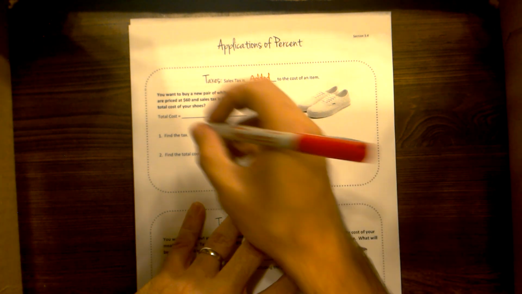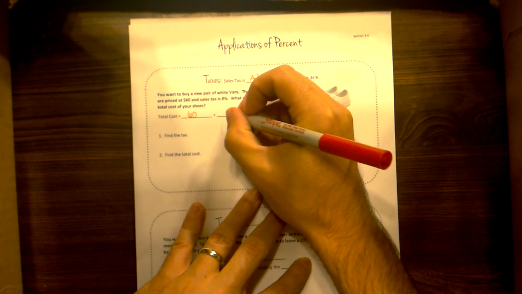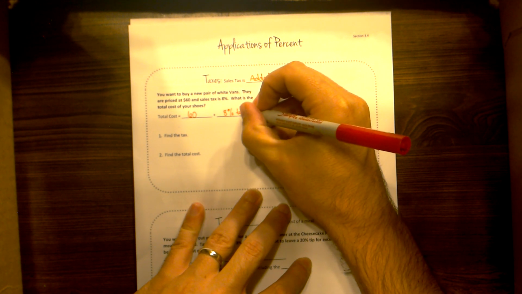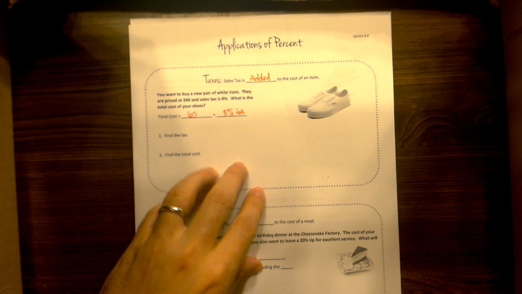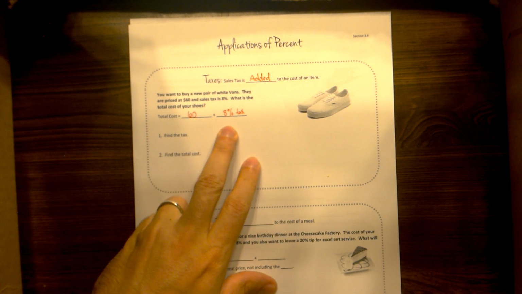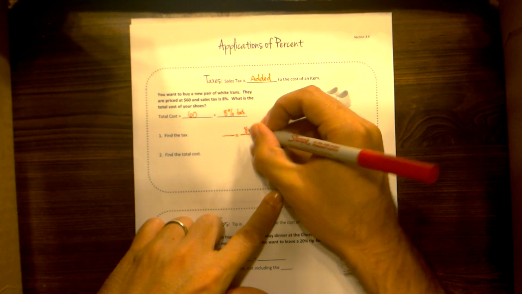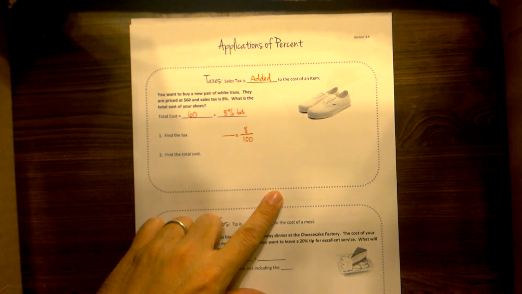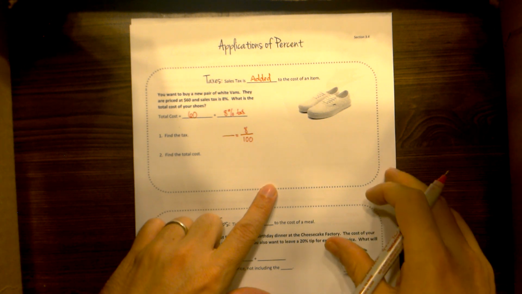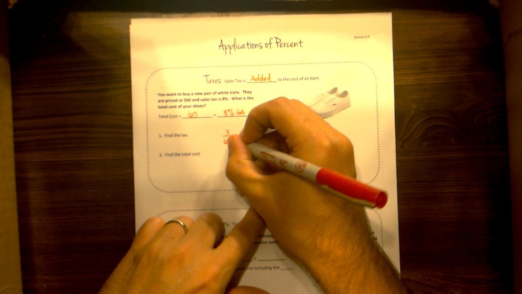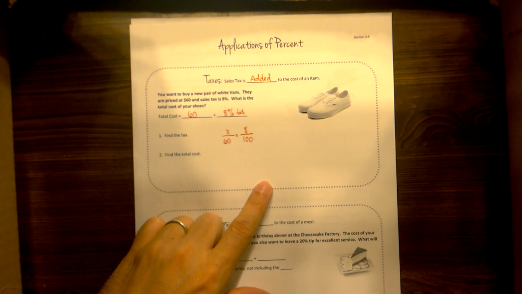So the total cost is the price plus the tax. Okay? So it's going to be the price plus the 8% tax. So to find tax, we're going to set up a proportion, and then x over 60, because I want to find what is 8% of 60.